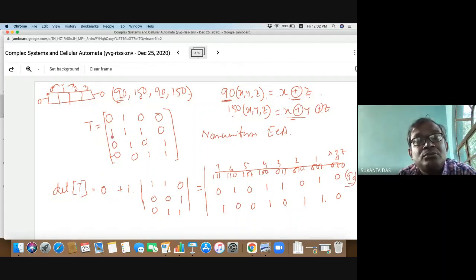The first part is 0, so it has no value. Then I take 1 and the determinant of this part.